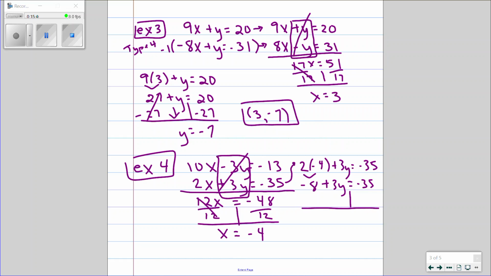And then I do the opposite: the opposite of negative 8 is positive 8, and then I bring down 3y. Negative 35 plus 8 is negative 27. And then divide both sides by 3. Negative 27 divided by 3 is negative 9. So the final answer here is negative 4, negative 9.